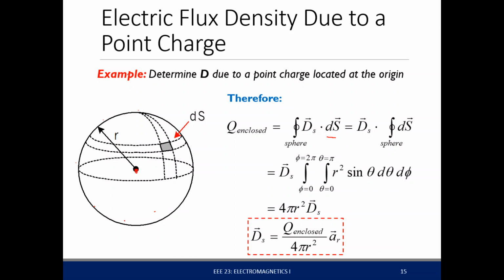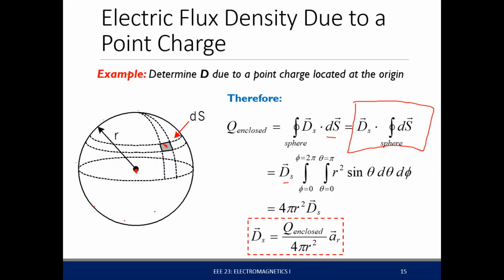So it's right here. Since D is constant, you can factor that out of the integral. You can move that out of the integral, and you'll be left with this. Okay? So D is constant. You just integrate over the surface. So the surface is a sphere.